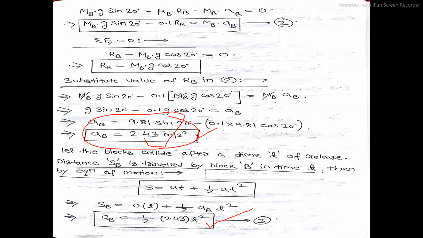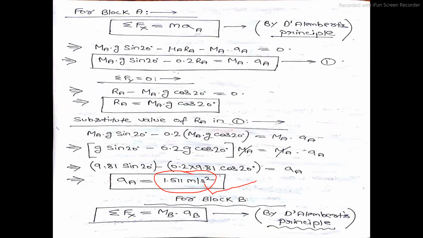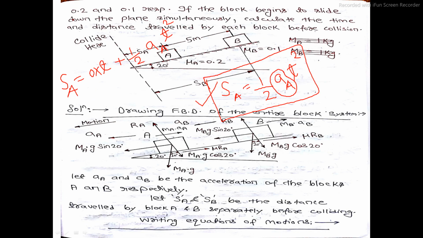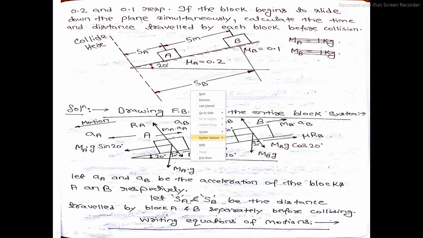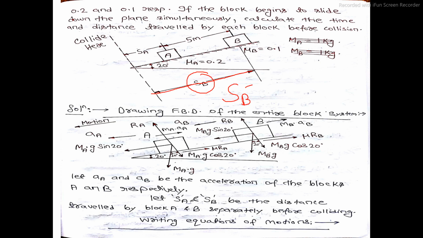Now we need to find out SB and SA. How can we find out? For that, again look at the diagram of the problem. From the diagram it is very clear that SB will be equal to how much? SA, from here to here, this distance is SA, plus the distance between block A and block B, which is 5 meter.